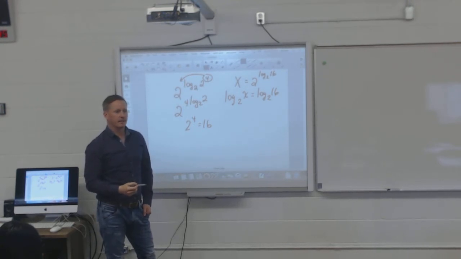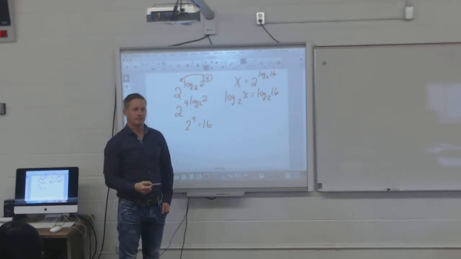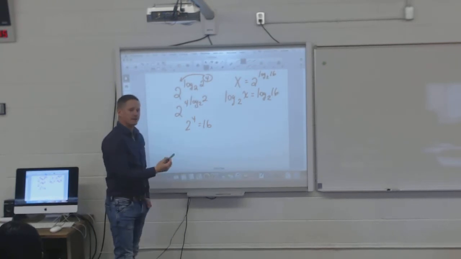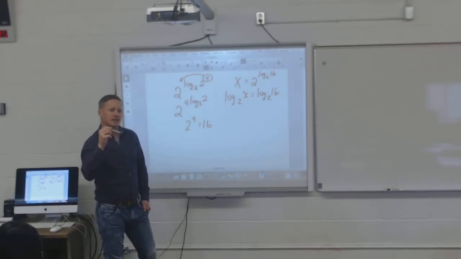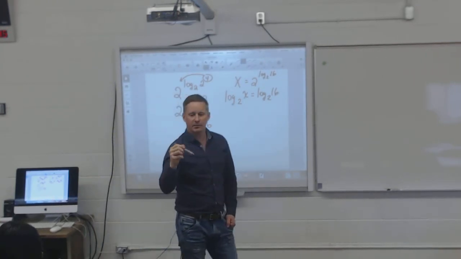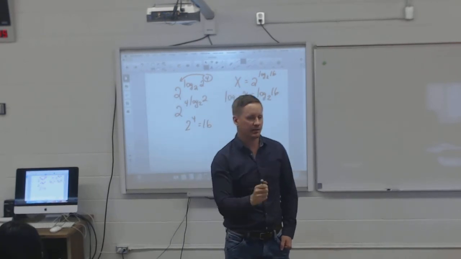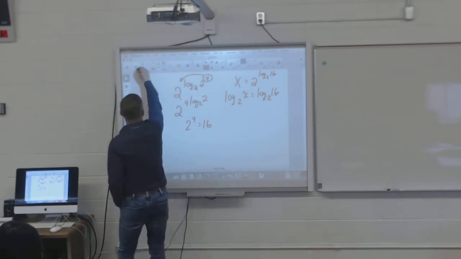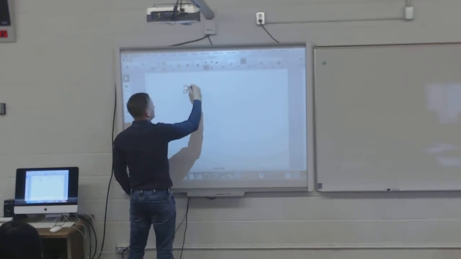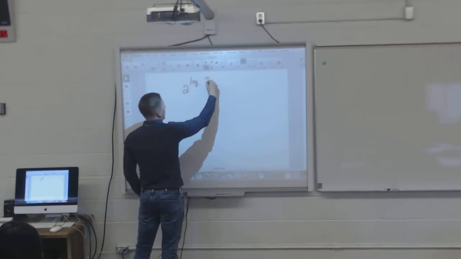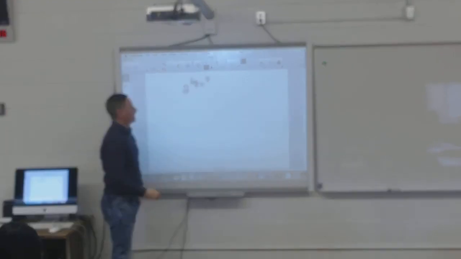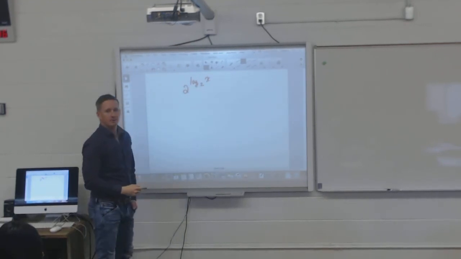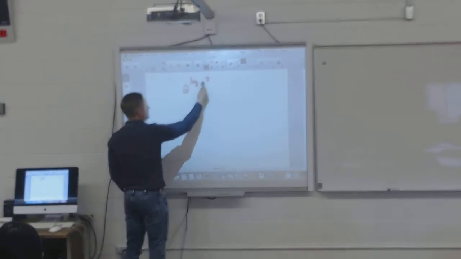That's awesome. Okay? You want to know something? You know how I know it's 16? Because logarithm and exponential functions are inverses of each other. So basically what I'm saying is this. If I have 2 to the log x base 2, as long as those two are the same, they're inverses of each other.